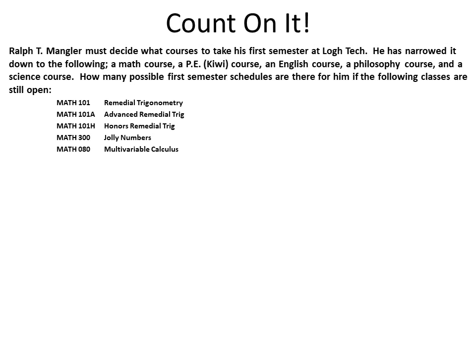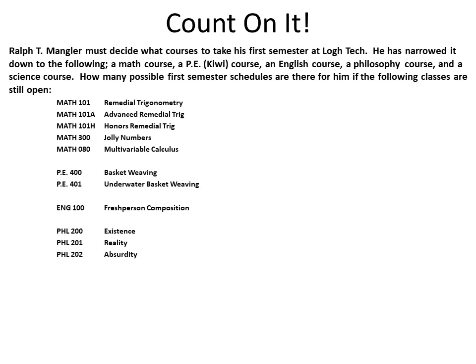For PE, there are 2 courses, the standard 2 that you have any place, PE 400 and PE 401. For English, naturally, there is only one, English 100. In philosophy, Philosophy 200, 201, 202.